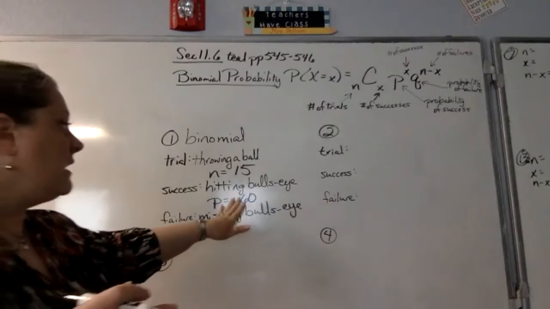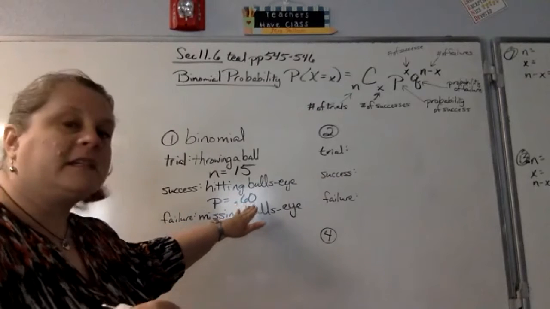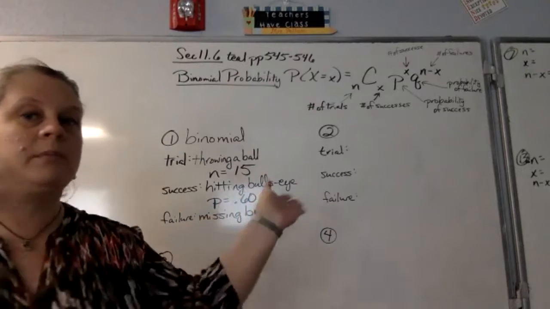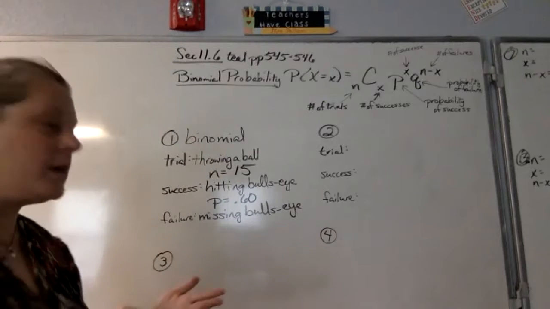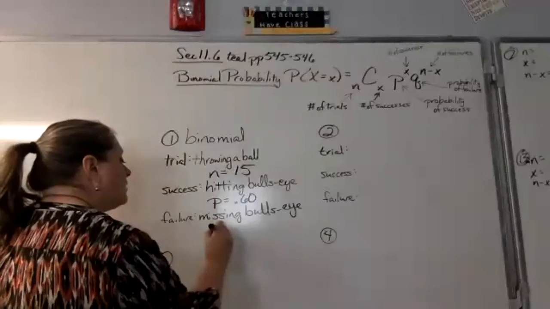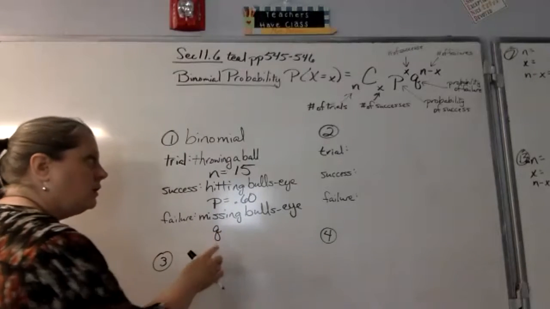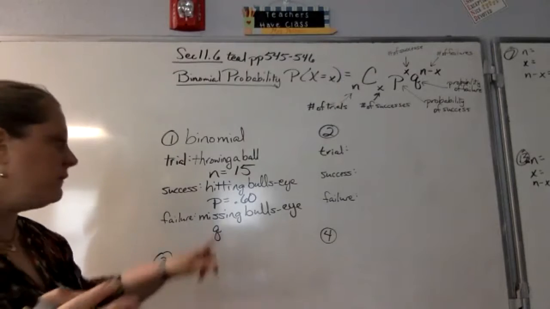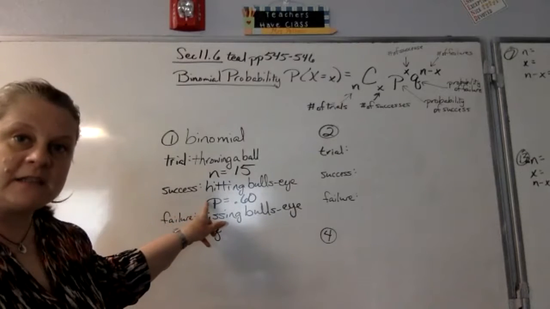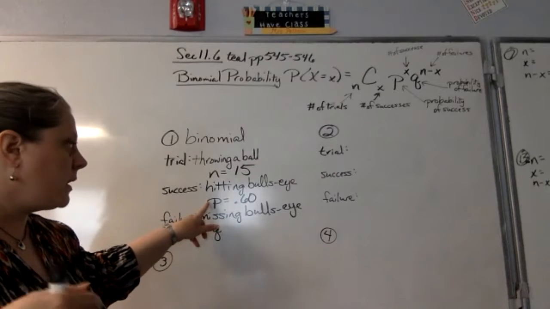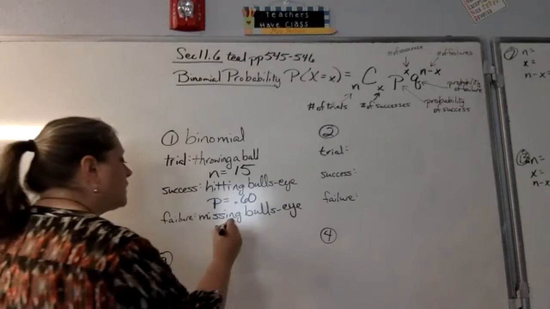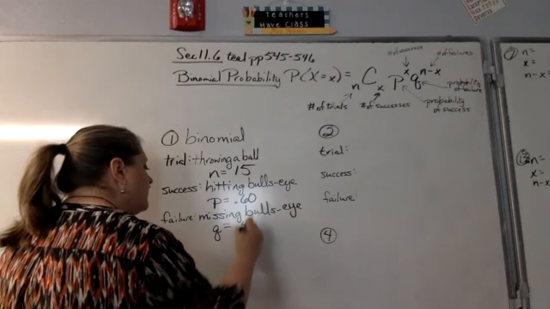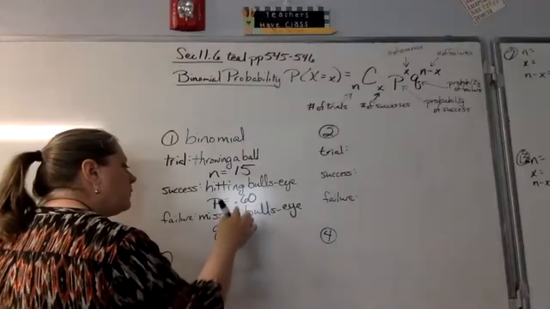So if she makes it 60% of the time, what percentage is she missing it? 40%. So our probability of a failure, since they use P for probability, they just went to the next letter for failure. P is probability of success. Q is going to be your probability of failure. It's going to be 40%. These have to add to equal 1 or 100%.